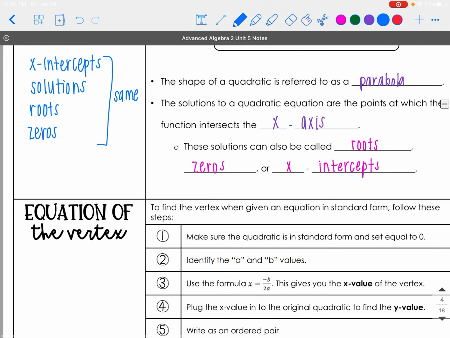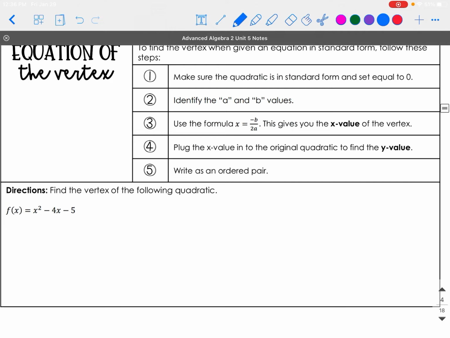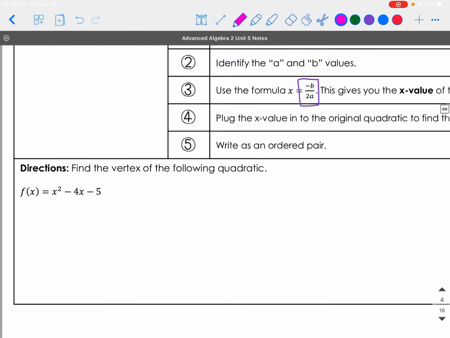So the first thing we're going to do is learn how to find the vertex. It's not as easy as vertex form. We actually have to use some formulas. For the vertex, we first find the x value using negative b over 2a, and then we plug that back in to find the y value of the vertex.